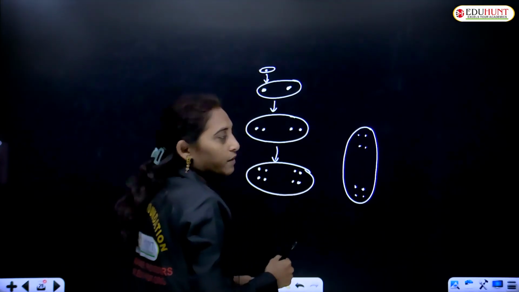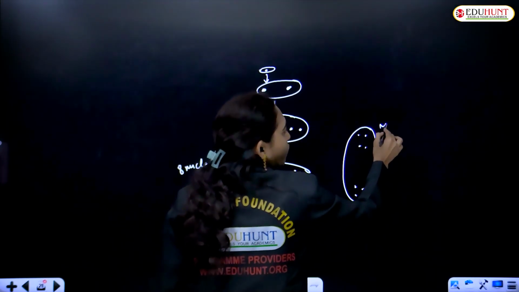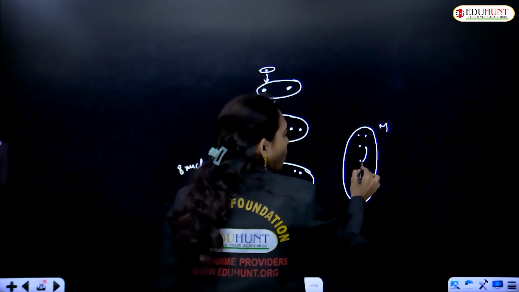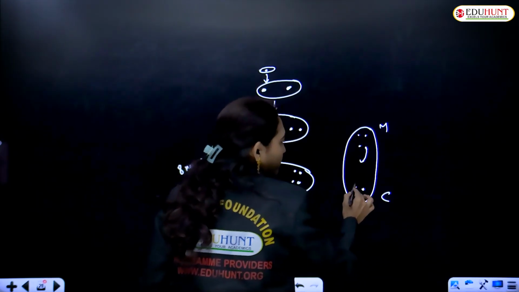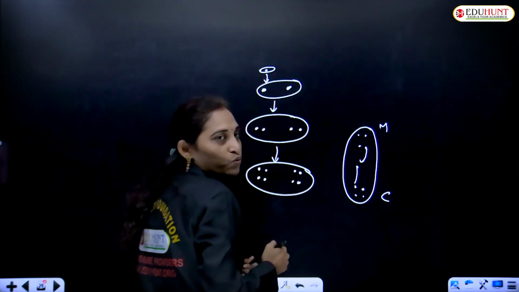Out of the 8, one from the micropylar region moves down to the center, and one from the chalazal region also moves to the center.